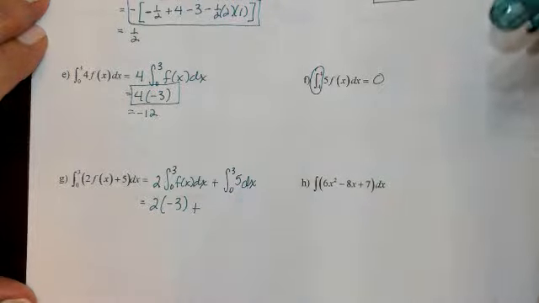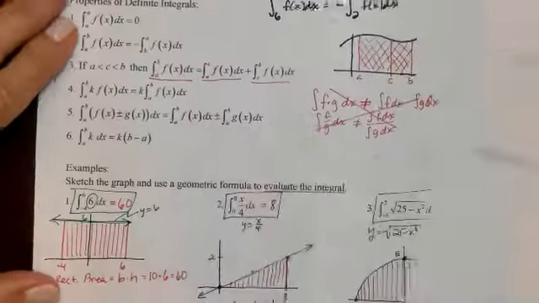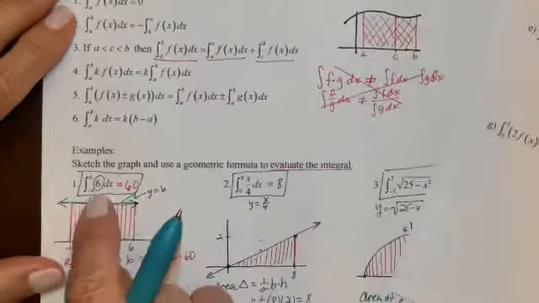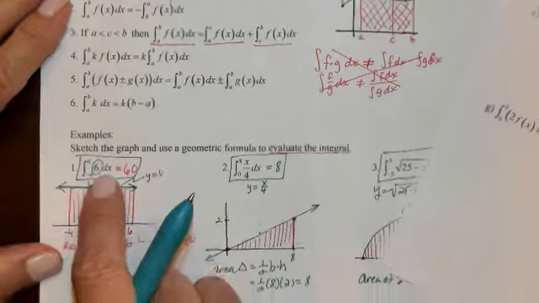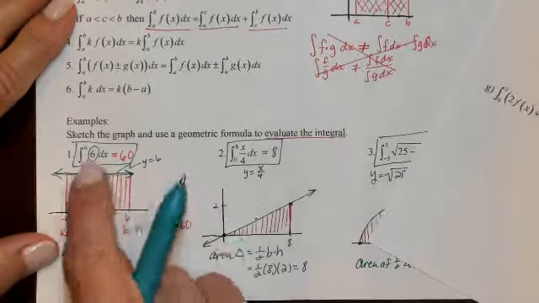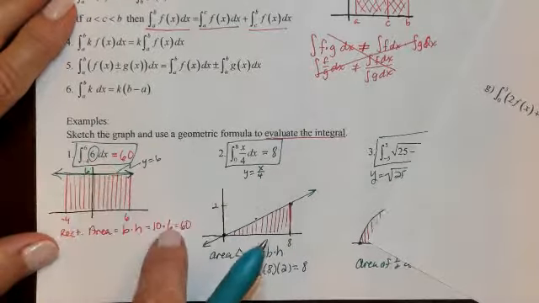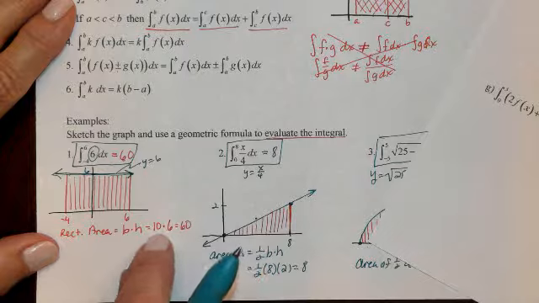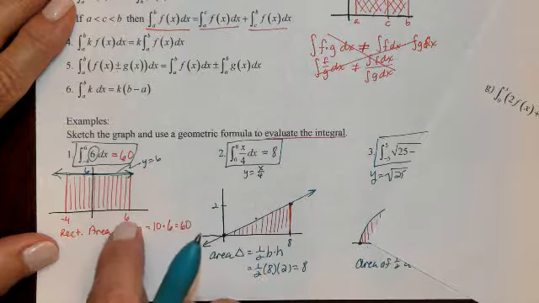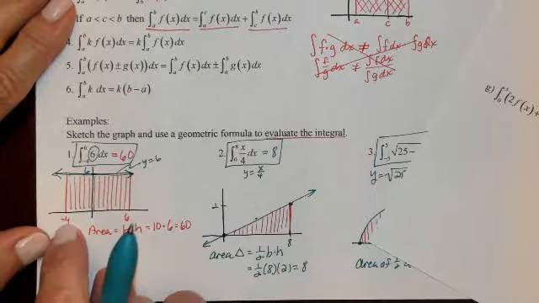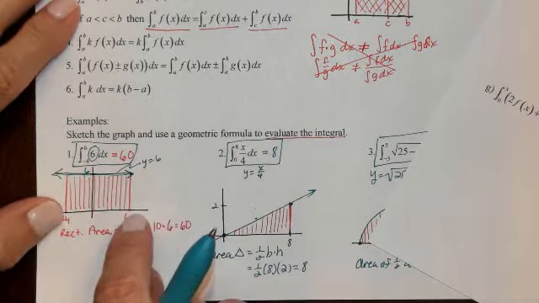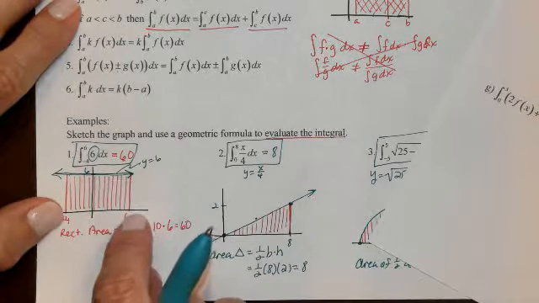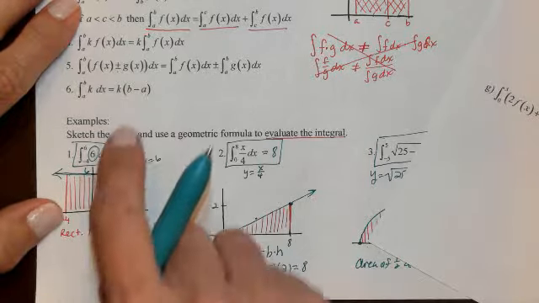Do you remember back when we were in example 1, we had the integral of 6 dx, and it ended up being 6 times 10. How did we get 10? B minus A, right? That was the distance, that's our base length. The 6 is our height.